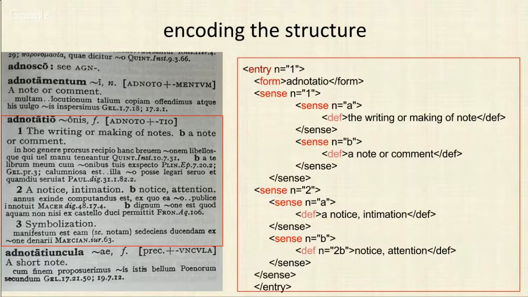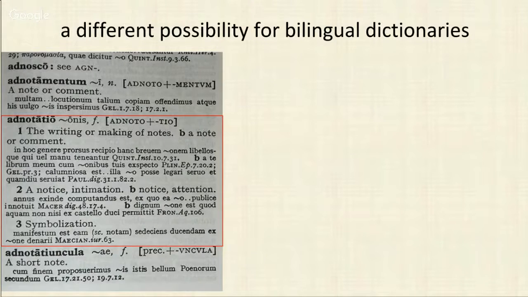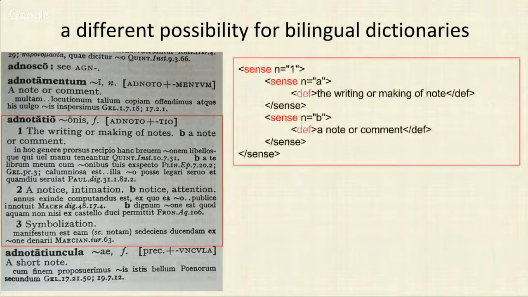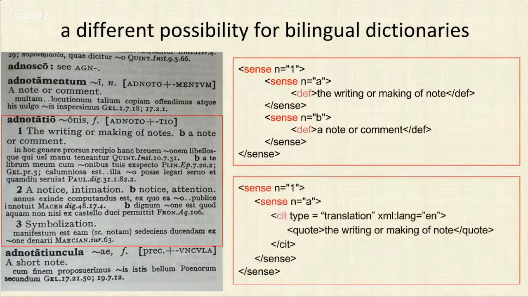If we go to the next one, we will try to discuss a different possibility for bilingual dictionaries, which is our example. Press it once more, Chiara, if you want. This is what we have done with sense and definition. And the other possibility is to use the cit element, declare that it is a translation, declare also the language of the translation, and then use quote in order to quote the translation of this sense.